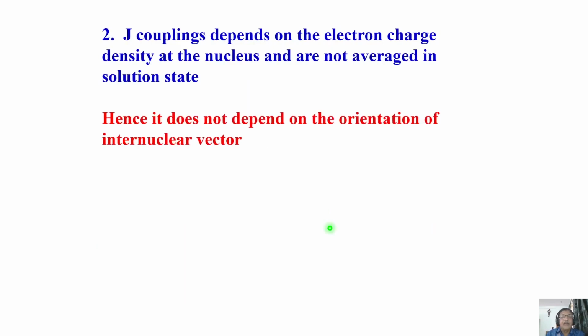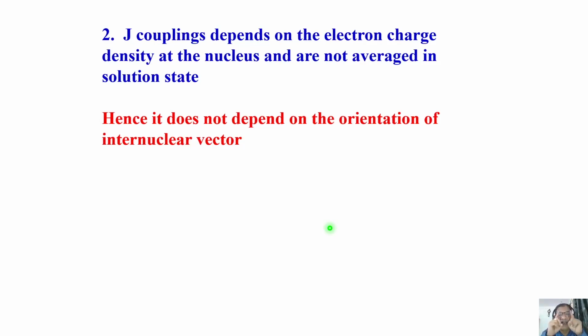Okay. Now another thing, J couplings depend on the electron charge density of the nucleus and are not averaged in solution state. Very interesting thing. J coupling is not averaged out in the solution state. Remember in the first or second class, when I was discussing with you, I did say that dipolar coupling is direction dependent. It is orientation dependent.